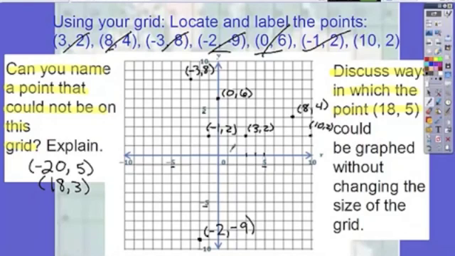Then I would have 2, 4, 6, 8, 10, 12, 14, 16, 18, 20. And then I could definitely graph that 18 because it would fall right here. And I would go up 1, 2, 3, 4, 5, right on top of that 18, comma 5. So it is possible, we just have to change how big each unit is.